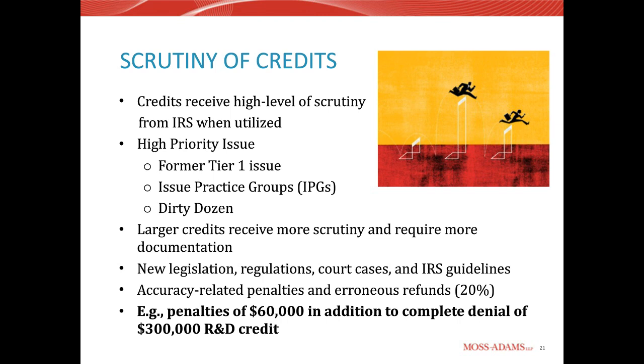In fact, there was a press release issued by the IRS just a few days ago that talked about the importance of documenting your credits and making sure that they're properly supported. If the IRS audits you and determines that you do not have proper documentation in place, then they may assess penalties in addition to denying the entire credit. And so what we're seeing on a lot of engagements where the IRS comes in, they will deny the full credit amount and attach penalties of 20%.